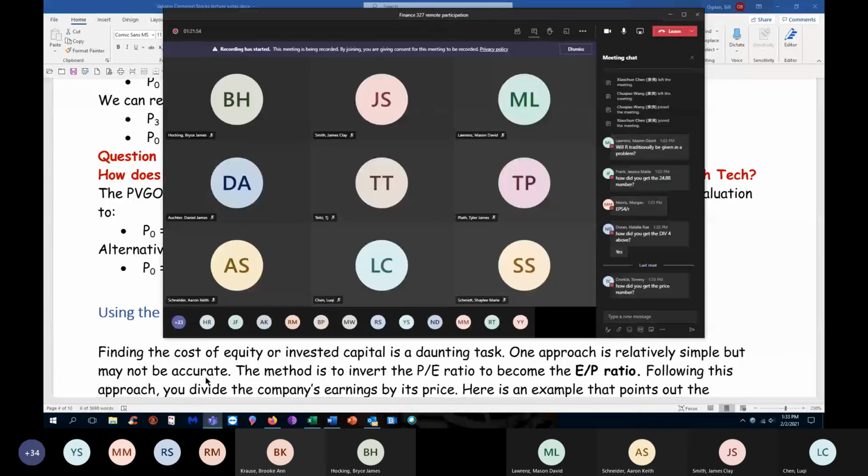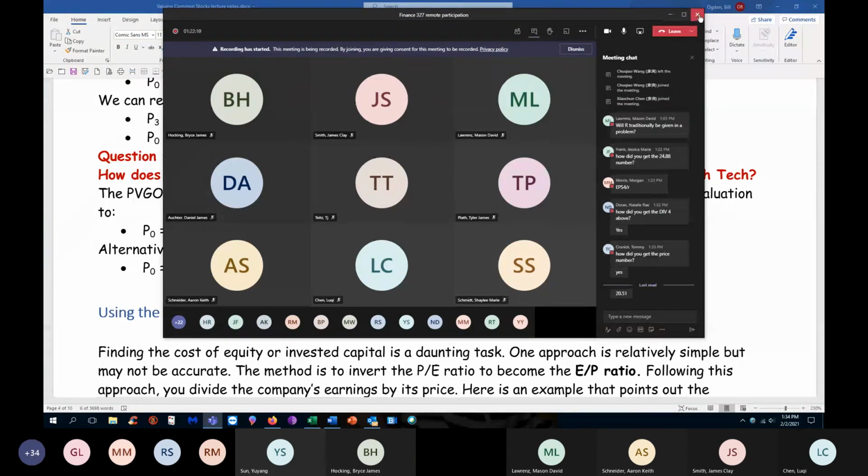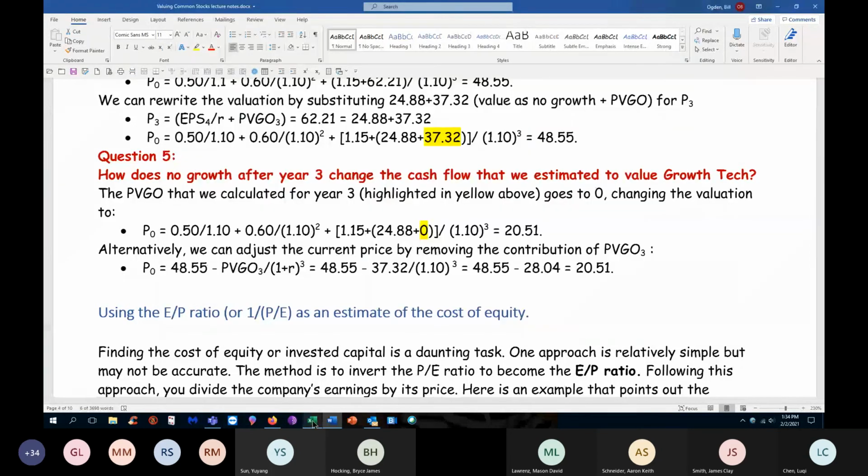I thought I might have seen some. How did you get the price number? Which price are we talking about? The 20.51? Yes, okay. We arrived at the 20.51.